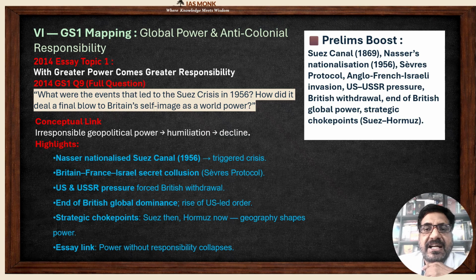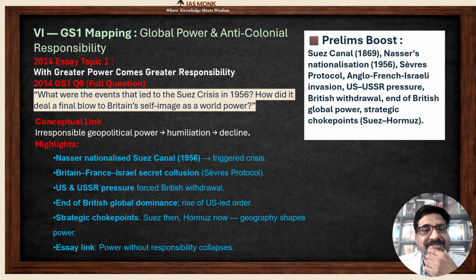The United States and the Soviet Union both opposed the invasion, forcing Britain into a humiliating withdrawal. This was the event that took place during that time. The episode exposed Britain's inability to act independently in a bipolar world and dealt a final blow to its self-image as a global power.